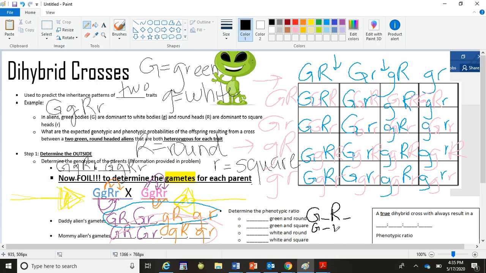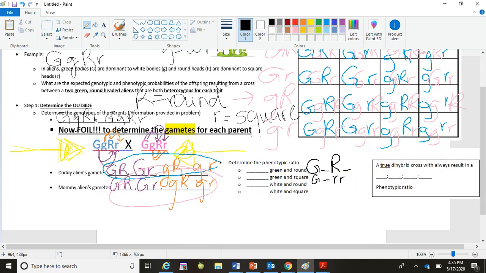And then to be square, they would have to be two lowercase r's. White and round, now we would have a lowercase g, and then a capital R, and it doesn't matter because at least one capital R means you're going to have the dominant trait for round head. And then white and square, you're going to have finally both recessive traits, meaning you have all lowercase letters.